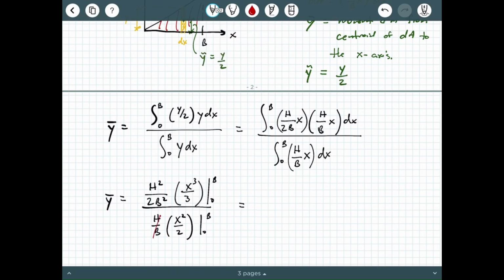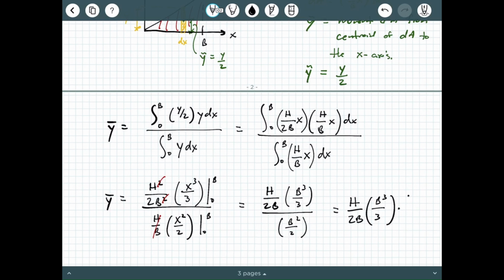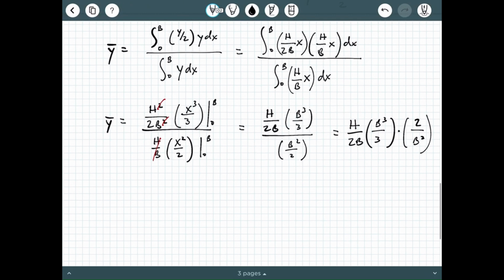So we can cancel some things. We can cancel this h over b with one of these h's and one of these b's. And then we're going to have h over 2b times b cubed over 3 divided by b squared over 2. Doing a little bit of rearranging, we've got a lot of fractions here: h over 2b times b cubed over 3 times 2 over b squared.